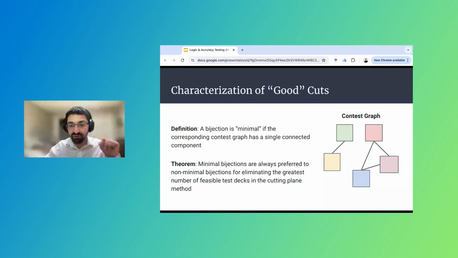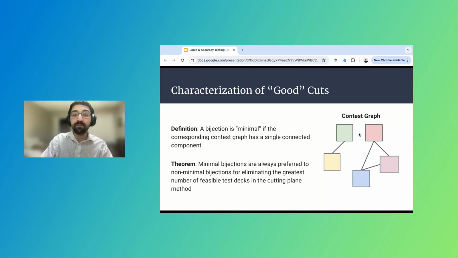Let me actually say slightly more formally what I mean by this theorem. While we can't say anything about the total number of iterations our method will take, what we can say theoretically is how many feasible solutions you're removing from your restricted problem, meaning your problem with a subset of the constraints.